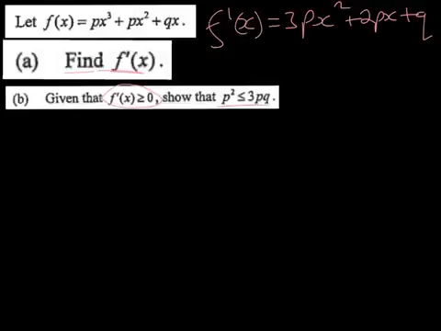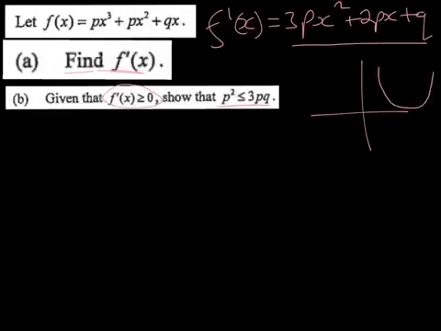Part B then, it says, given that the derivative of x is greater than 0, show that p squared is less than or equal to 3pq. So if you look at this, you should recognize that it is a quadratic, and we are told that the quadratic is greater than or equal to 0. Now, broadly speaking, we've got something which is either going to be touching the x-axis or it's going to be way up here somewhere.